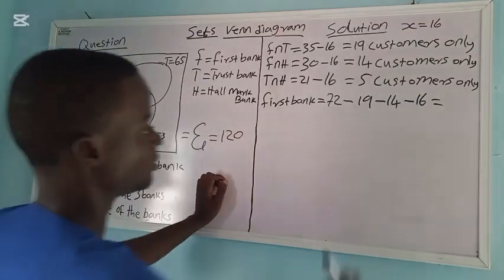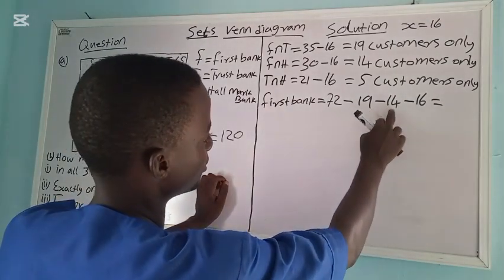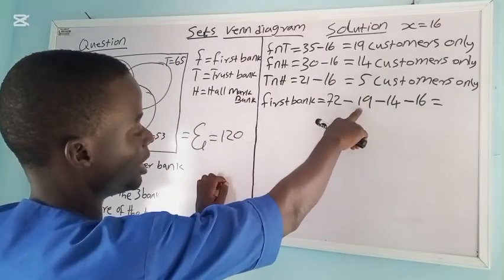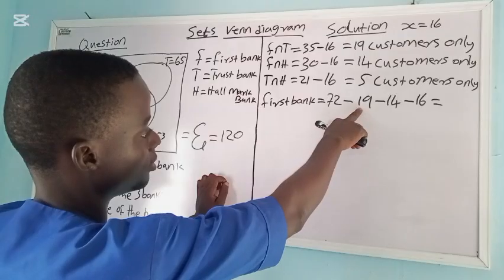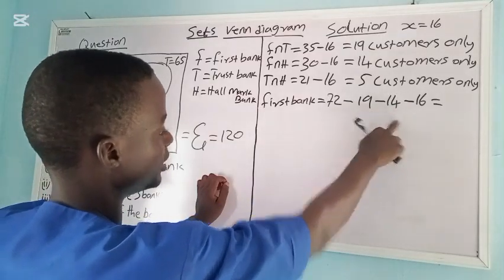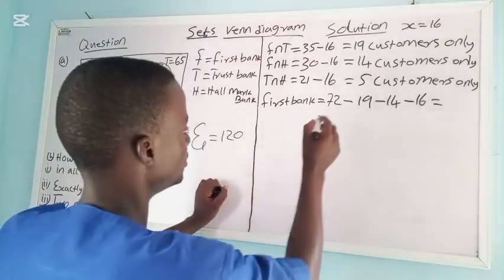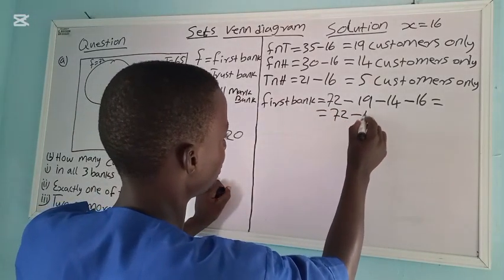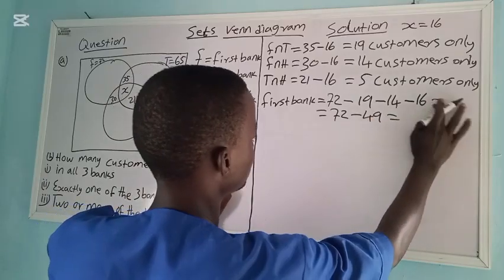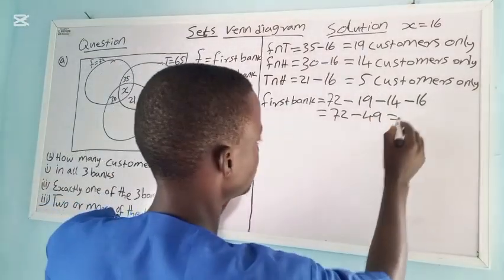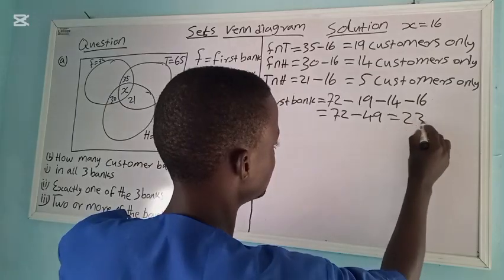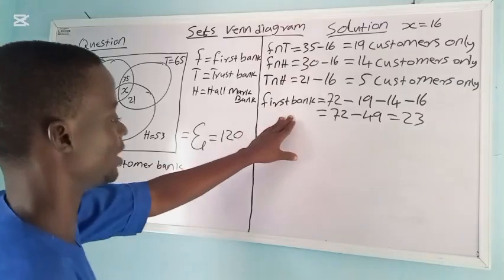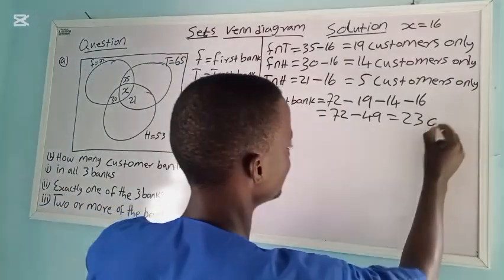So minus 14 minus 16 is minus 30, and that's minus 49. 72 minus 49 is equal to 23. So we have 23 customers that bank with First Bank only.